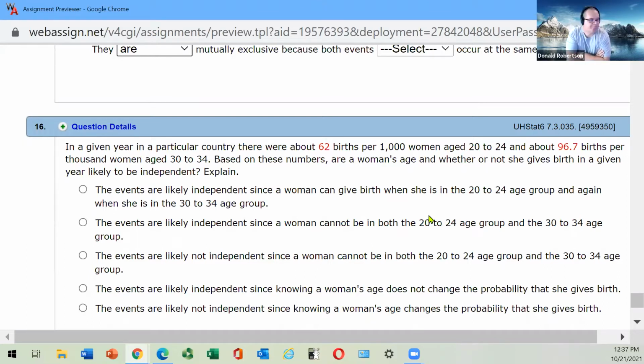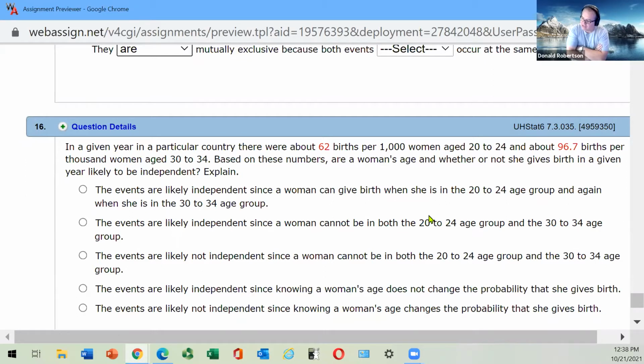Let's be silly. Do you think the percentage of women in the age group 20 to 30 to have babies is different from the age group 40 to 50? I would expect a lot more women to have babies in the 20 to 30 than the 40 to 50.